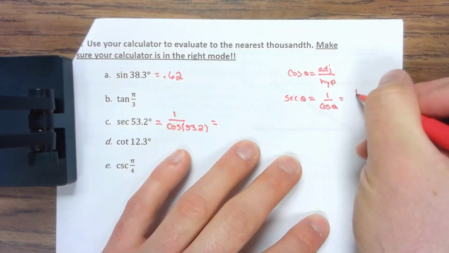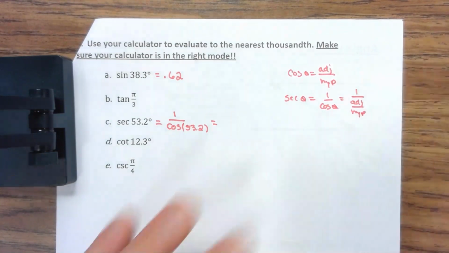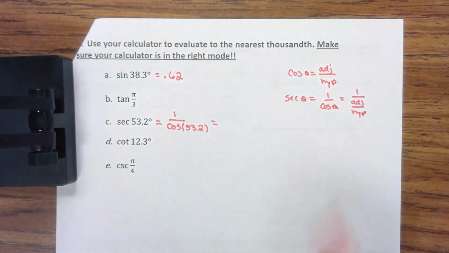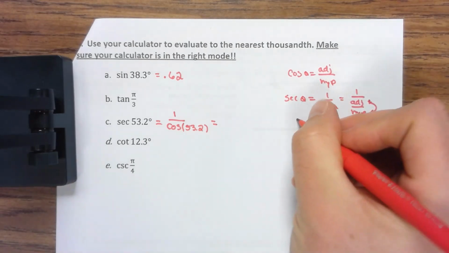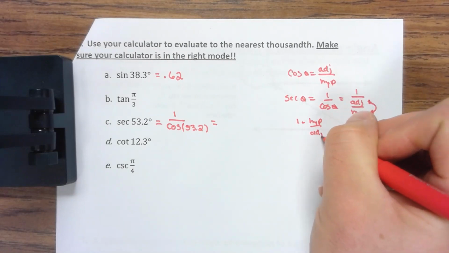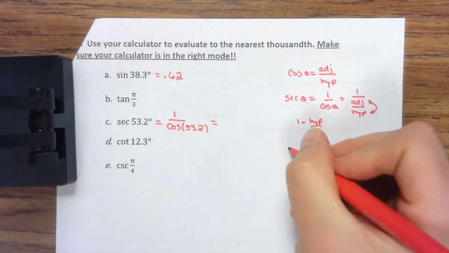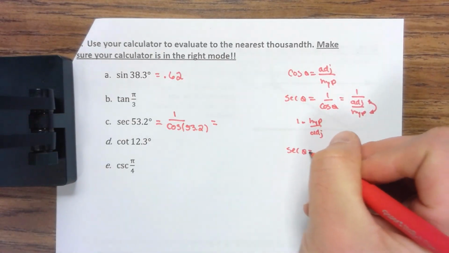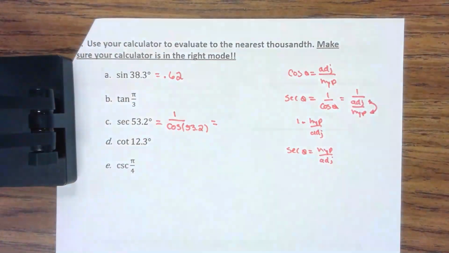I can take 1 over the adjacent side over the hypotenuse side. And when I do this division, it's 1 times the reciprocal of the denominator, making this 1 times the hypotenuse over adjacent. 1 times anything is just what we started with, making secant of theta the hypotenuse side over the adjacent side, which is what we had previously when talking about triangles.